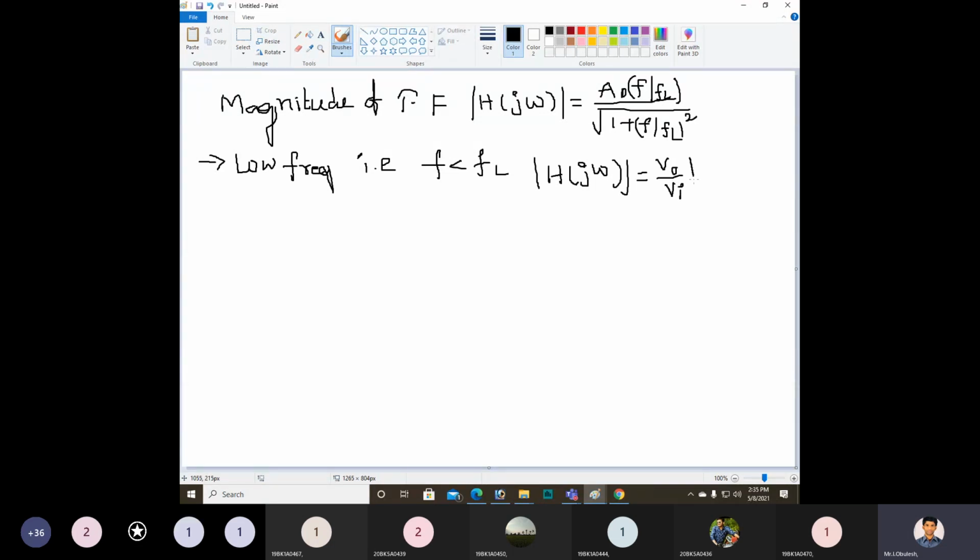This value is less than the ideal voltage gain A naught.